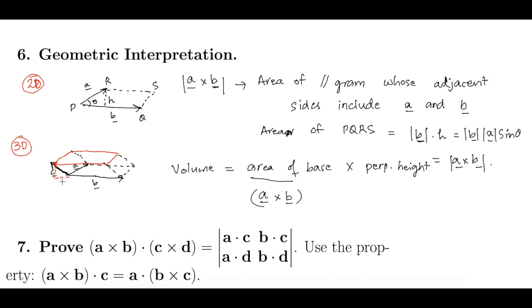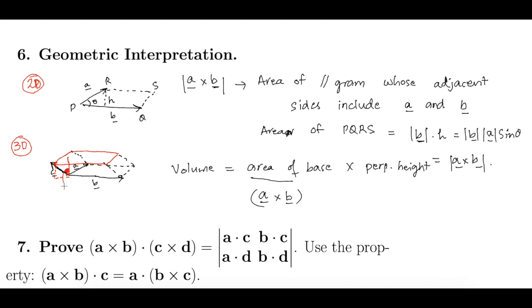With what angle are we talking about? We are talking about the angle which C makes with the vertical here, okay? Why? Because A cross B is in this direction, and we are interested in this angle.